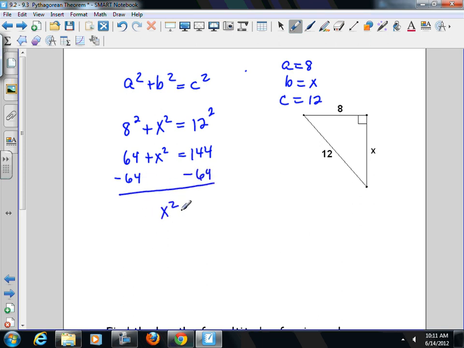So we get x squared equals 80. But now, to actually find x, we take the square root of 80. And we do want to round that. Let's round it to the nearest hundredth. So we get x is approximately 8.94.